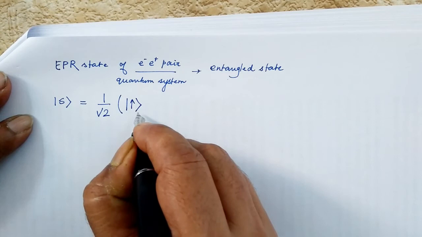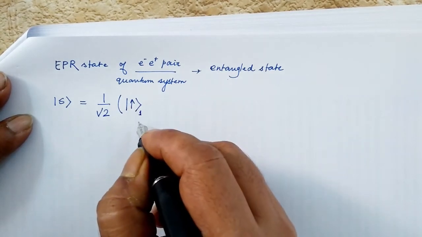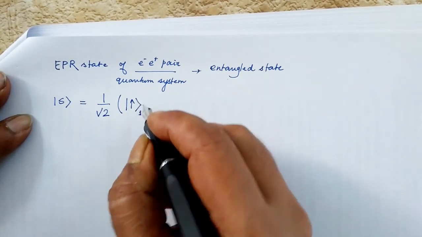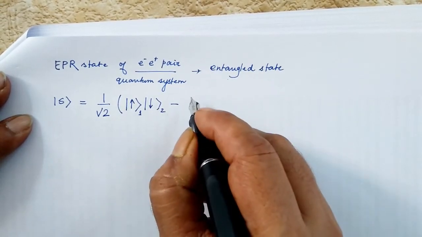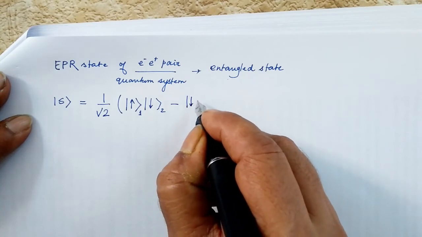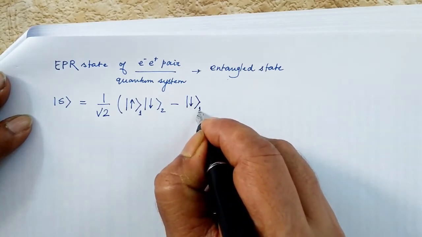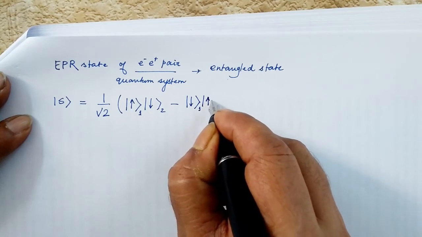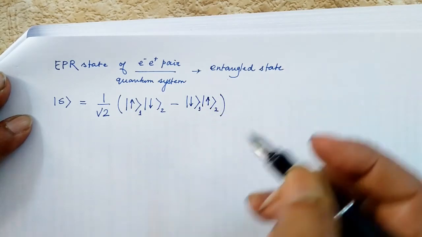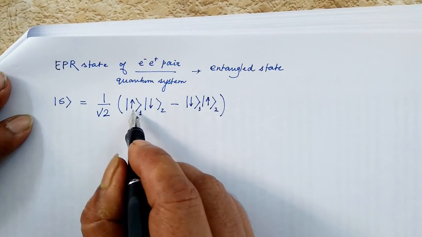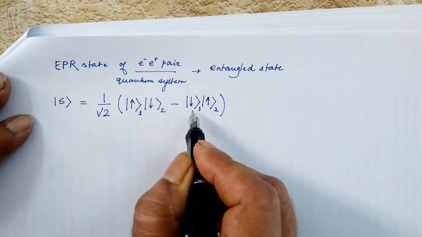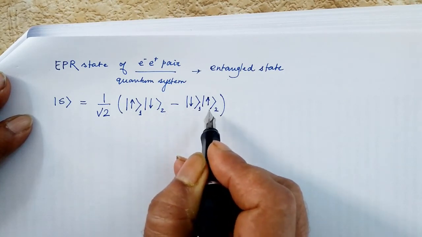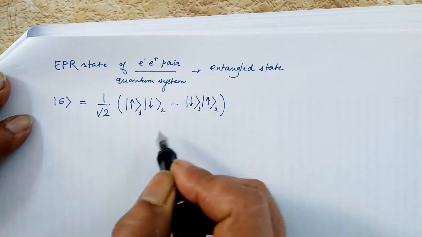So this is the state of the first particle, and this is the state of the second particle, and this is the state of the first particle, and this is the state of the second particle. So the first particle spin up and the second particle spin down, and the first particle spin down and the second particle spin up.